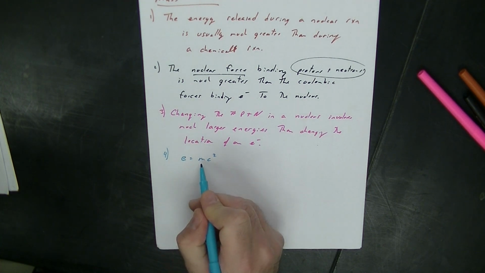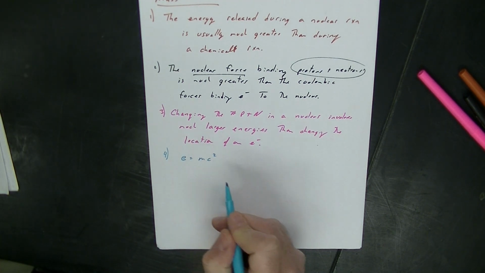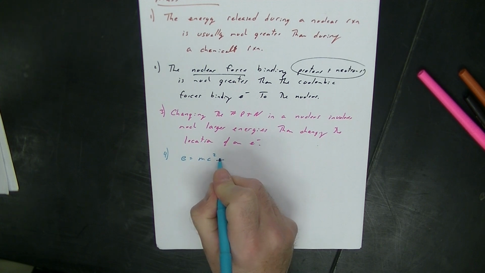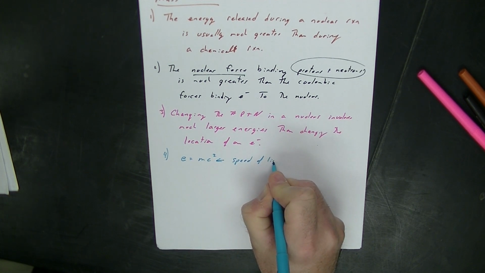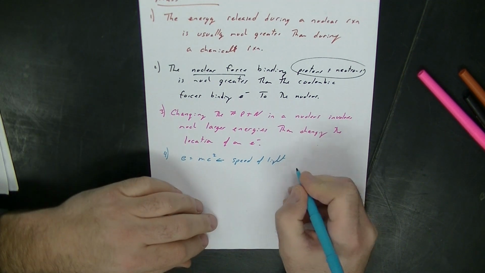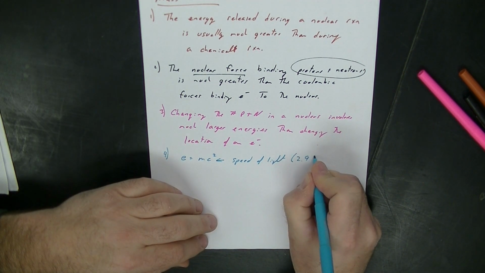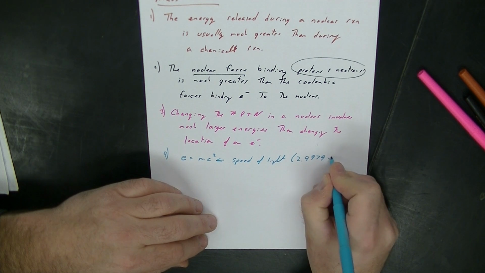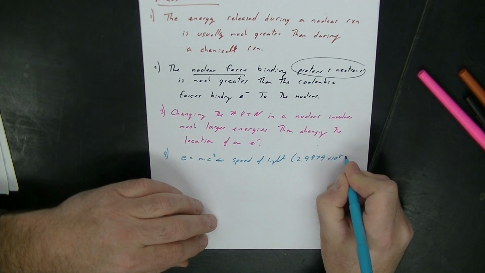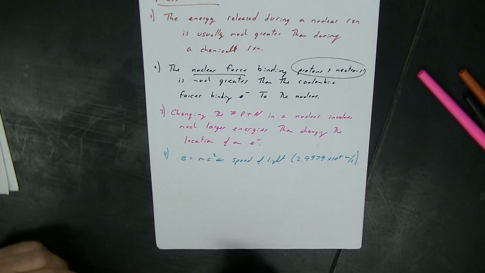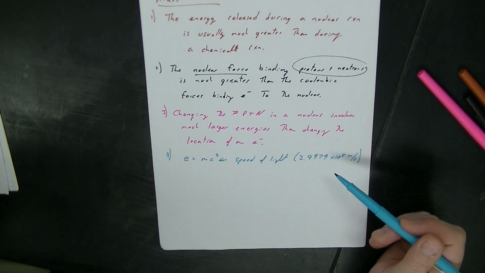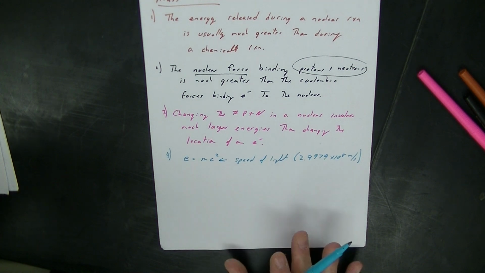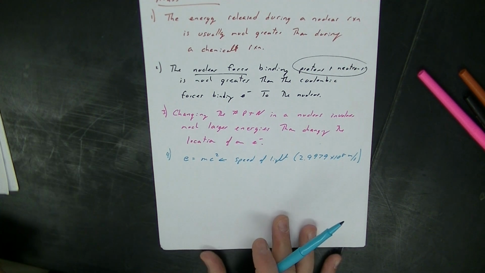E stands for energy, m is mass in kilograms, and c stands for the speed of light, which is 2.9979 times 10 to the 8th meters per second. So we can use this equation to help us figure out how much energy is evolved during a nuclear reaction.